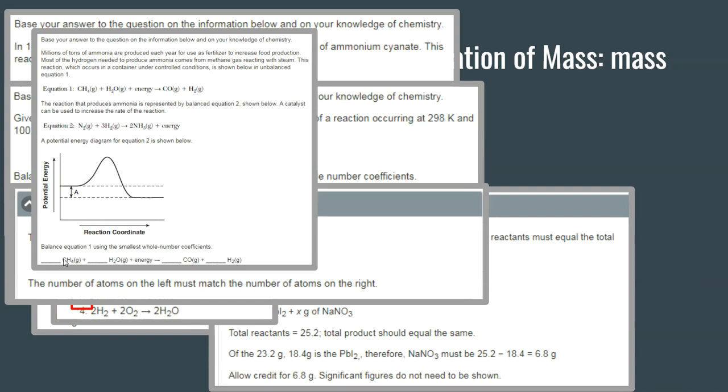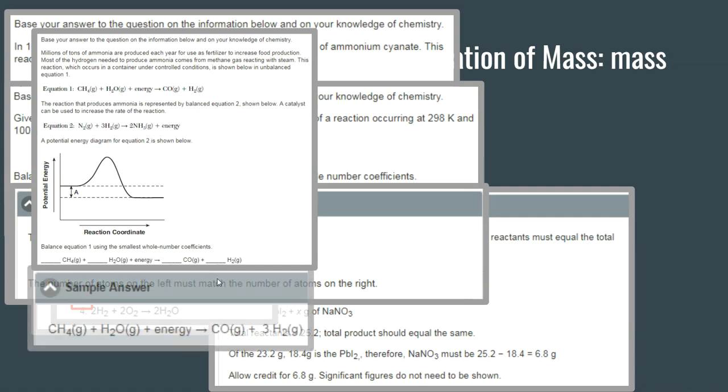So again, what numbers do we need to add to this equation in order to ensure that the number of atoms of each of the reactants equals the number of atoms of products? Notice that the number of carbons is already equal, but the number of hydrogens is unequal. There are 6 on the left, 2 here, 4 here, and 3 here.